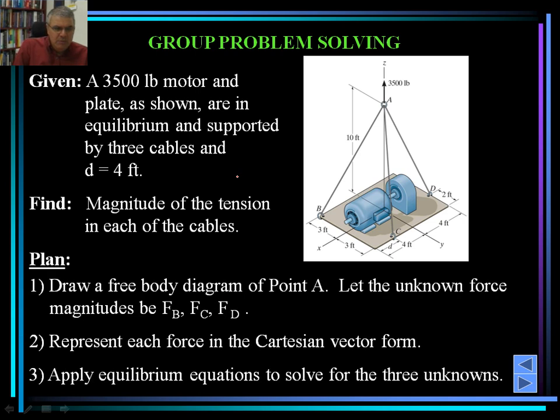So we would like to draw the free body diagram first. We would let the unknown forces magnitude to be f sub b, c, and d. As such, we would represent each force in Cartesian vector form, and finally we would apply equilibrium equations to solve for the 3 unknowns.